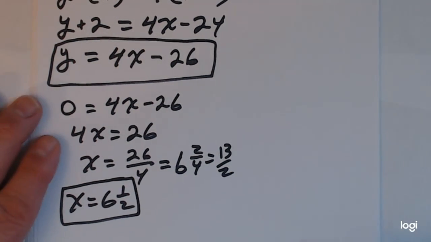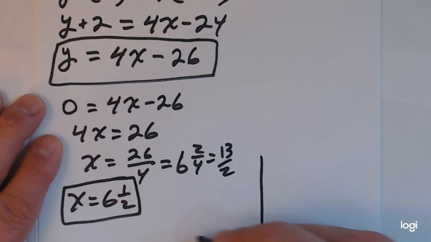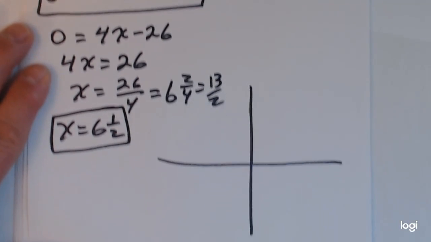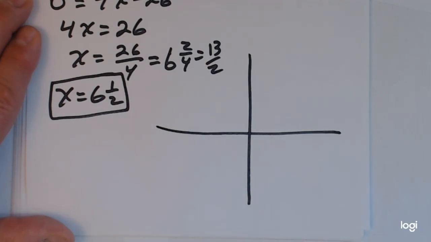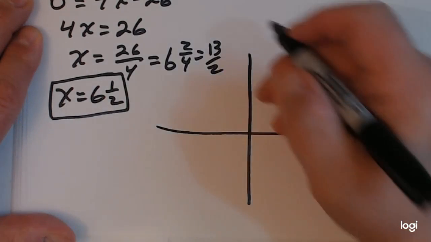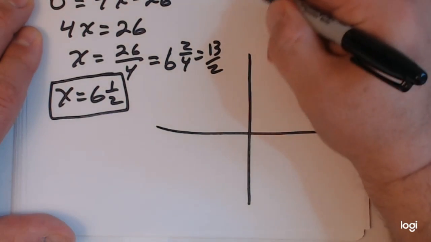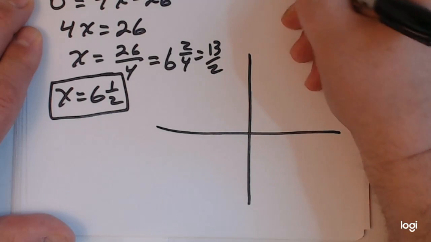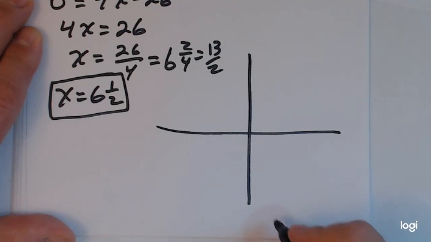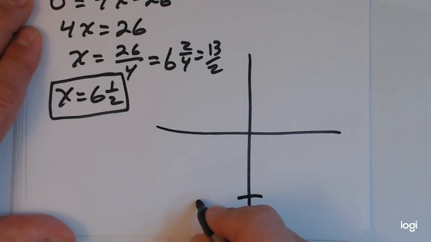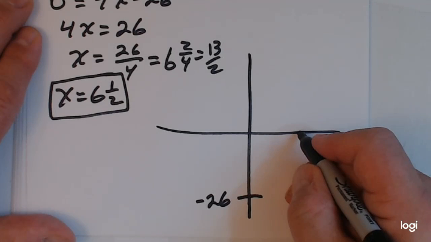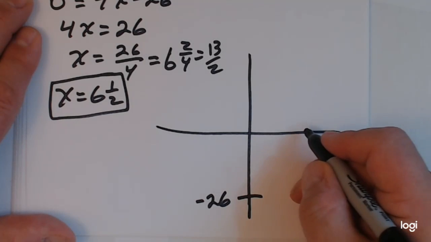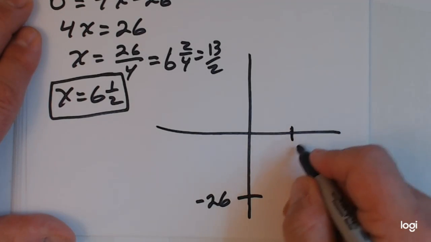Okay, now we're going to graph this. Let's see what it looks like. Well, we have our two intercepts. We have the y-intercept over here, which is negative 26. Let's say that's right here. And we have our x-intercept at 6.5. So let's call that here.